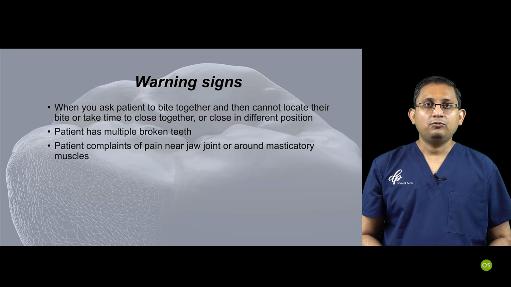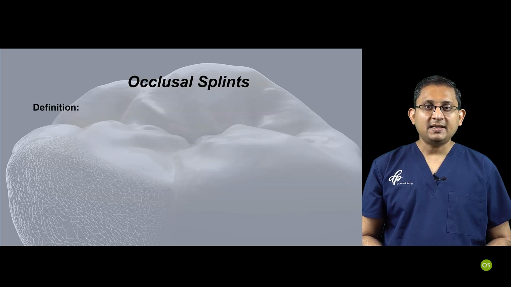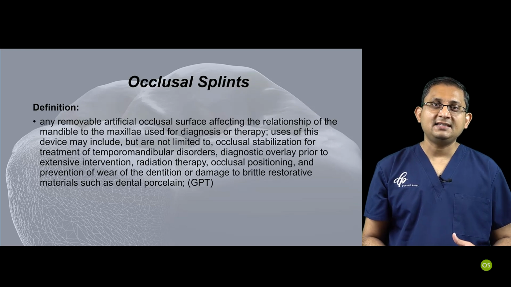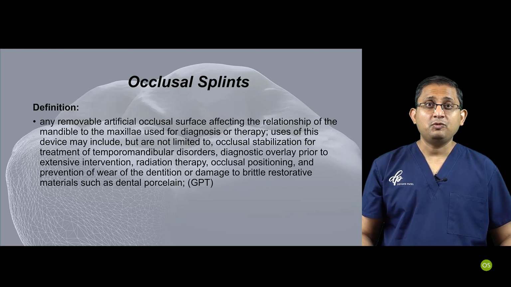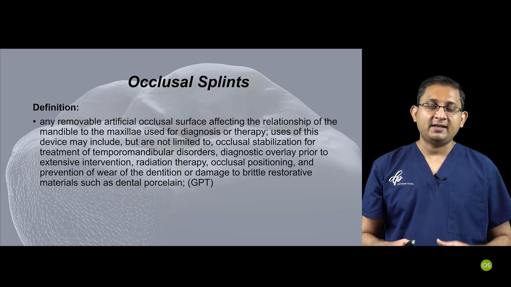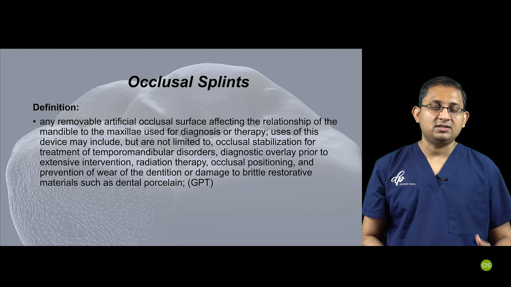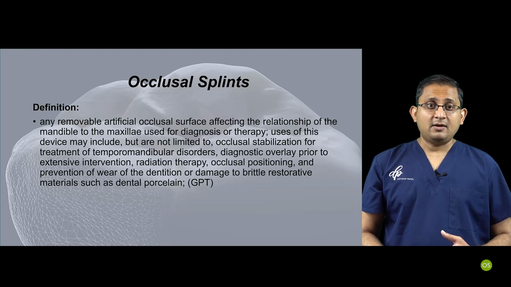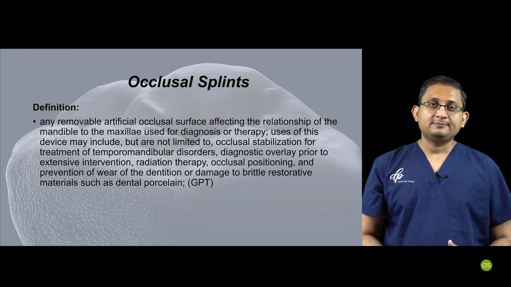Now, with regards to occlusal splints, let's look at a definition of occlusal splints. As you can see in the definition, it's a removable appliance which changes the relationship of maxillary and mandibular teeth, the way they close. And it can be used for various purposes: diagnostic, to treat temporomandibular disorders, radiation therapy, occlusal repositioning.